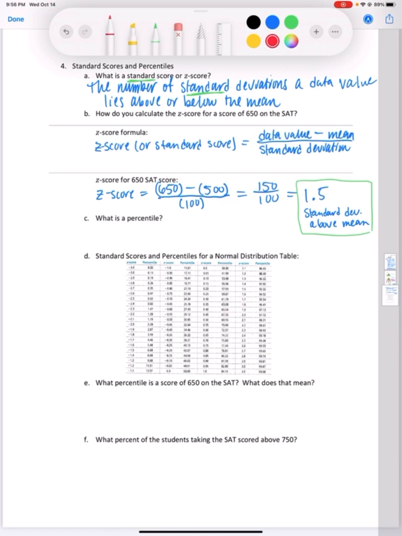The percentile of a data value is the percentage of all data values in a data set that are less than or equal to it.